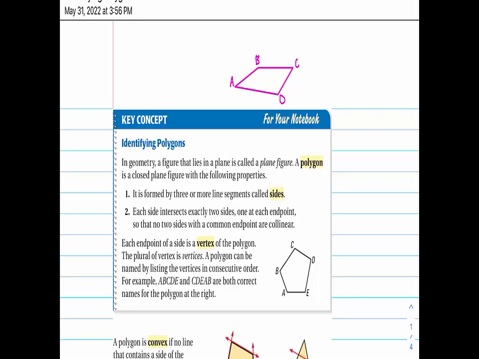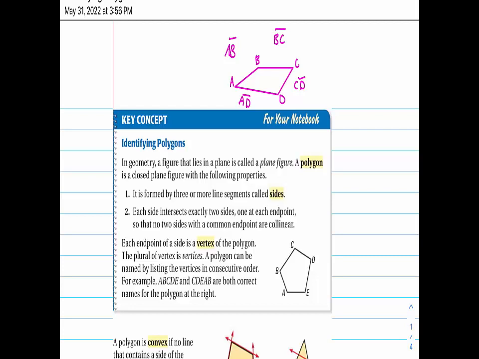Notice that there are 4 sides. There's the side AB, that segment. There's the side BC, CD, and AD. Those line segments come together to serve as sides for what we call a polygon.